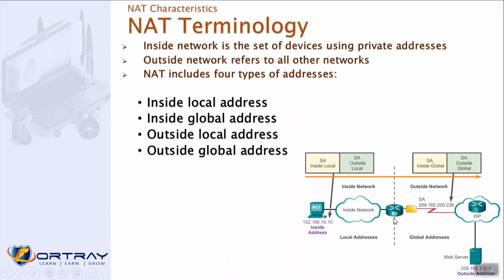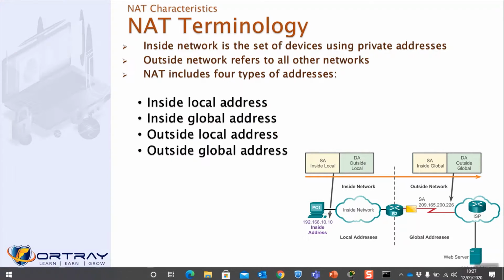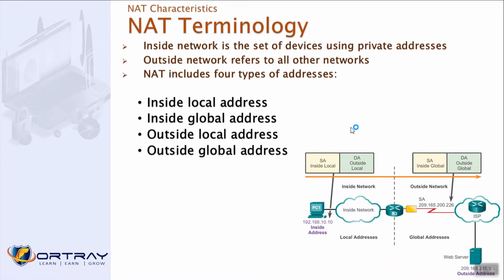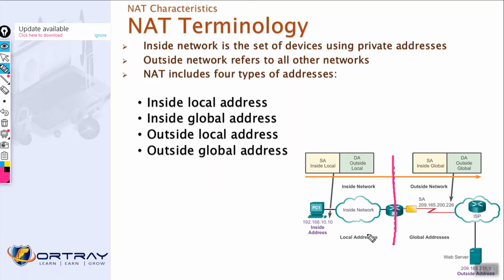So basically, what happens here at this router? This is the boundary: this is the local addresses, this is the global addresses. Inside the network, SA means source address.